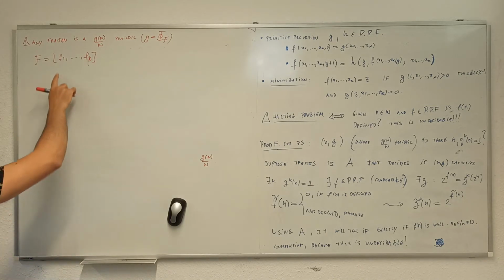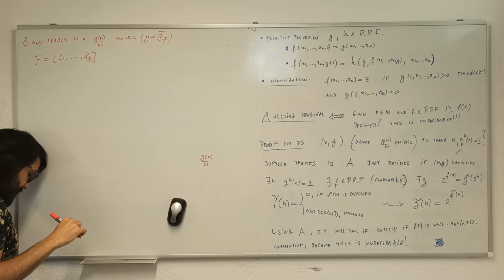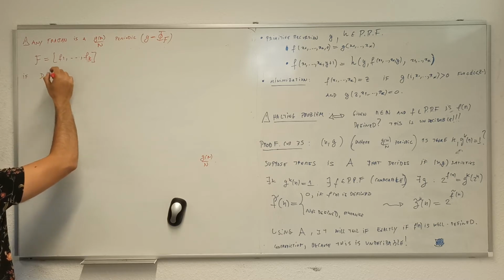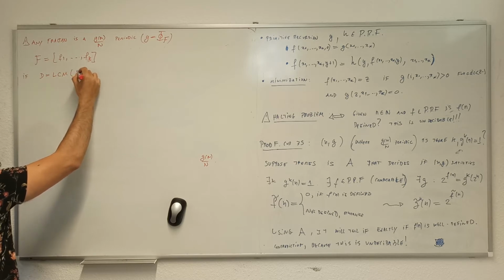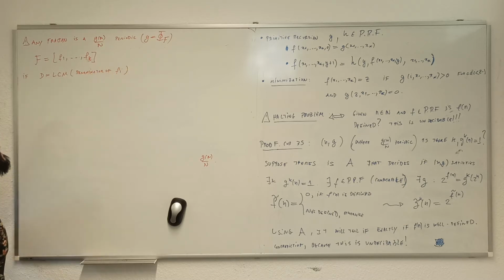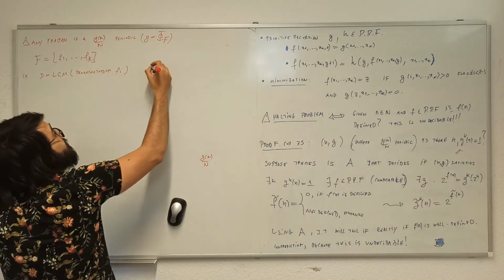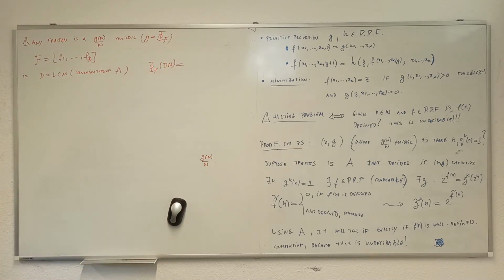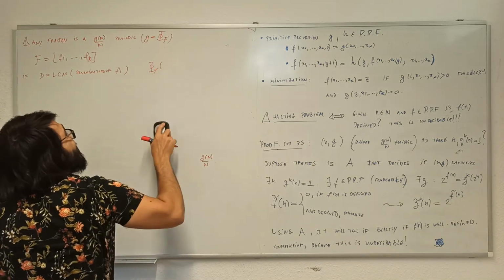This is periodic because if D is the greatest common of the least common multiple of all the denominators, then phi_F of D n divided by, sorry, it has to be periodic.